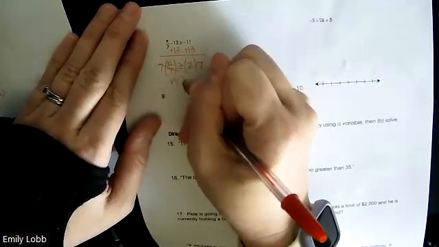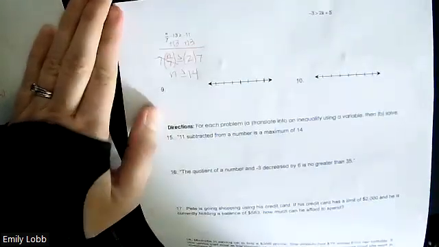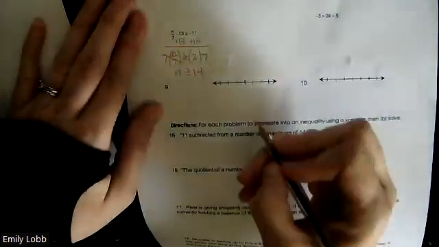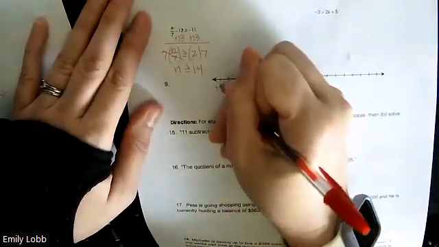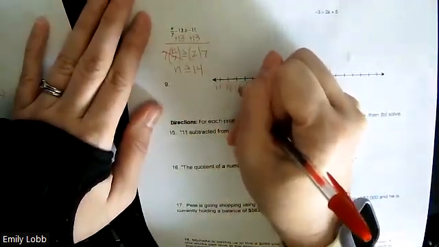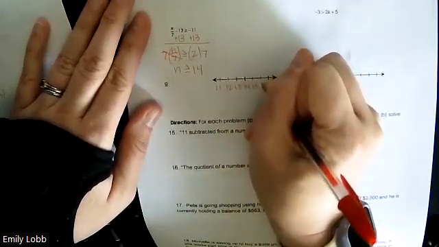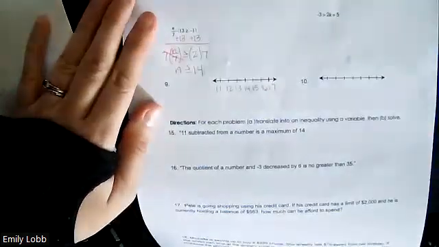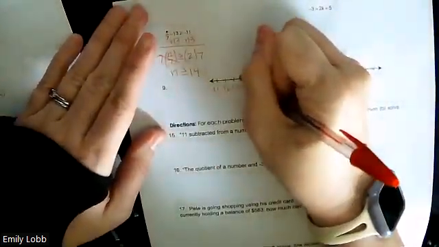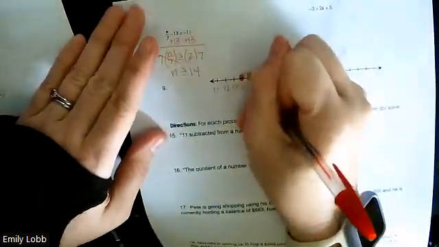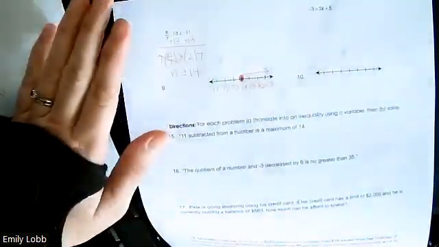So N is greater than or equal to 14. 14 minus 3 is 11, 12, 13, 14, 15, 16, 17. Opened or closed at 14? Closed this time, very good, because it could be equal to, and this arrow is going to the right.